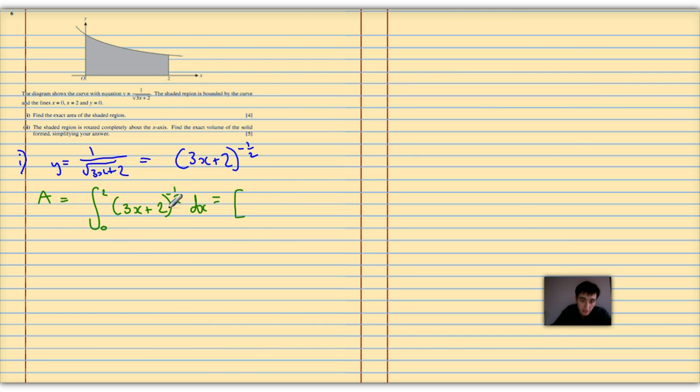Well, we can think of this as reverse chain rule, really. And when we do that, we're going to get a third of, increase the power by 1 divided by the new power. So 2/3 of 3x plus 2 to the half between 2 and 0.